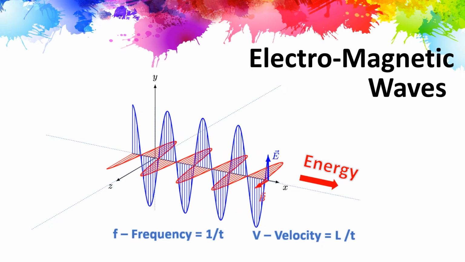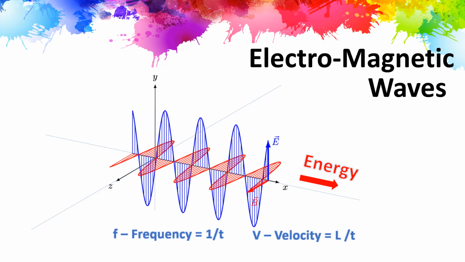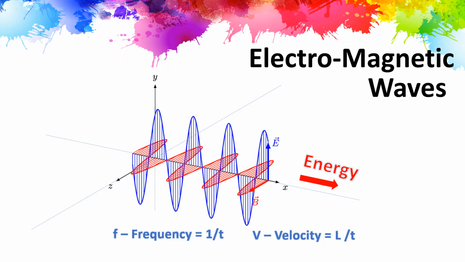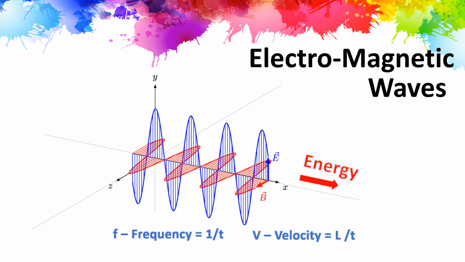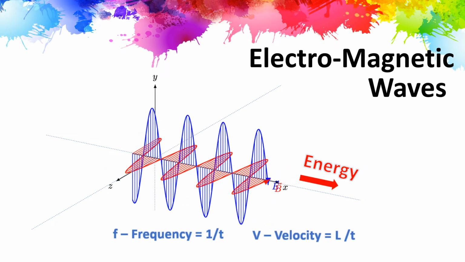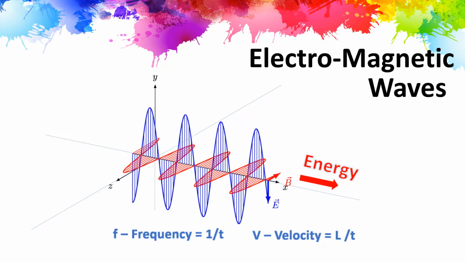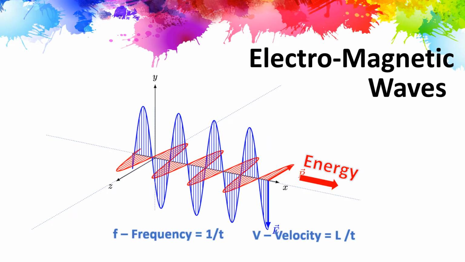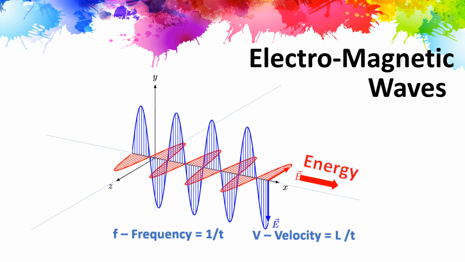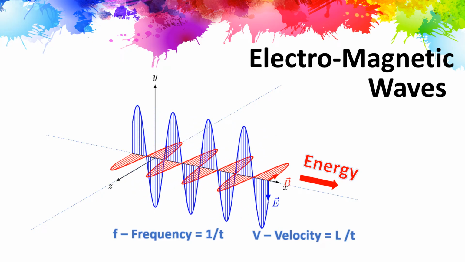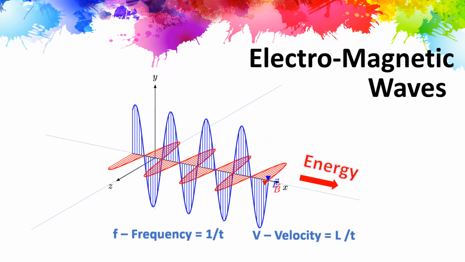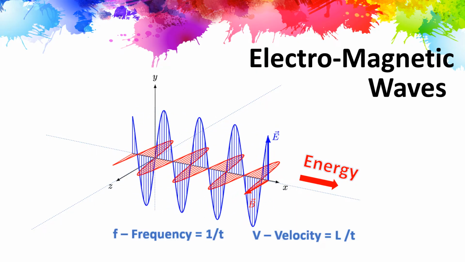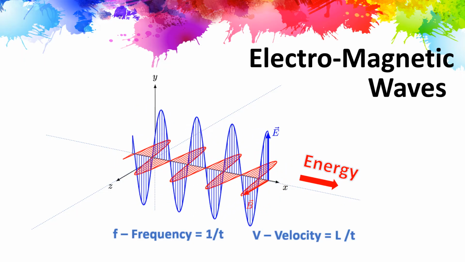In a water wave, water molecules are the moving part, but here the electric field increases and decreases in one direction, and perpendicular to that electric field change, a magnetic field change is also observed. So this electric field and magnetic field, perpendicular to each other, changing, will cause movement of energy from one direction to another. That energy transferring we call electromagnetic radiation.